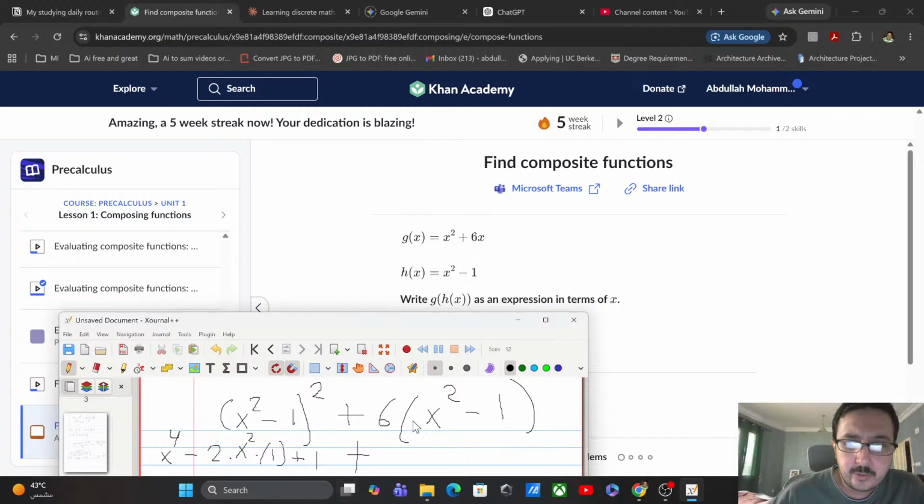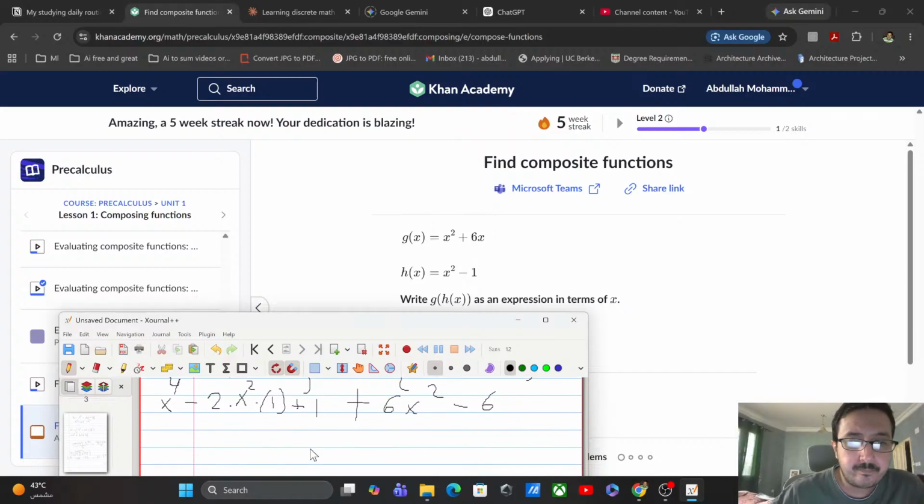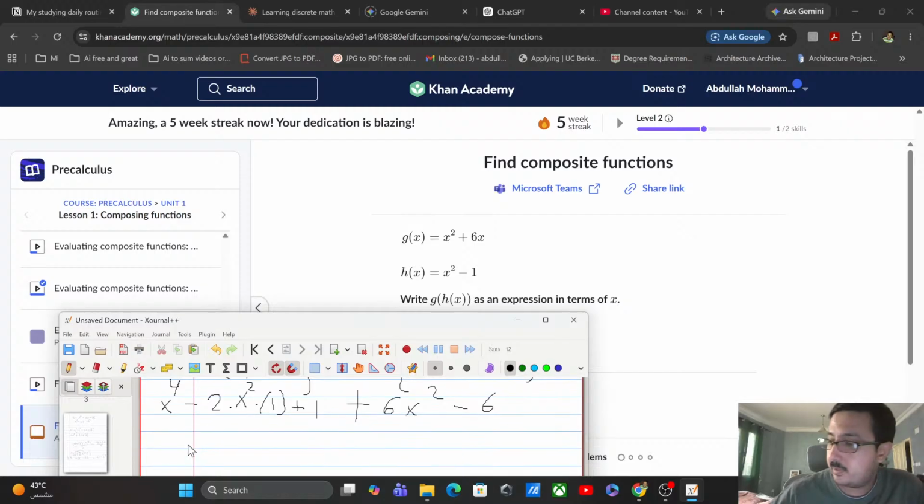So got 6x squared minus 6. And again, what do I have? X to the power of 4 minus 2x squared plus 1 and minus 6. That's a minus 5.